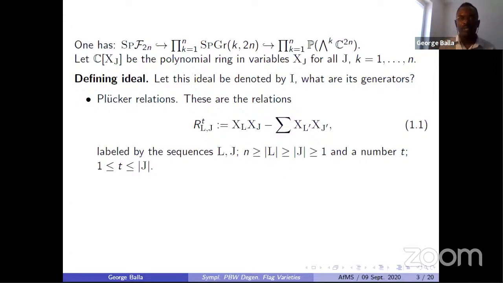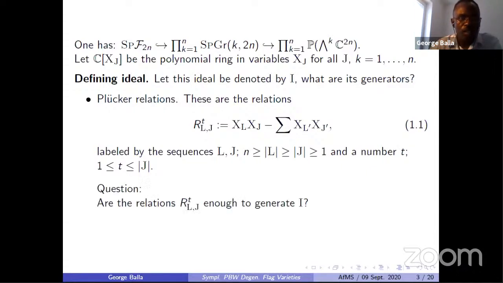And whenever we swap indices, we change the sign of the coordinate, because these coordinates are determinants which aren't symmetric in the indices. So the question is, are these relations enough to generate I?